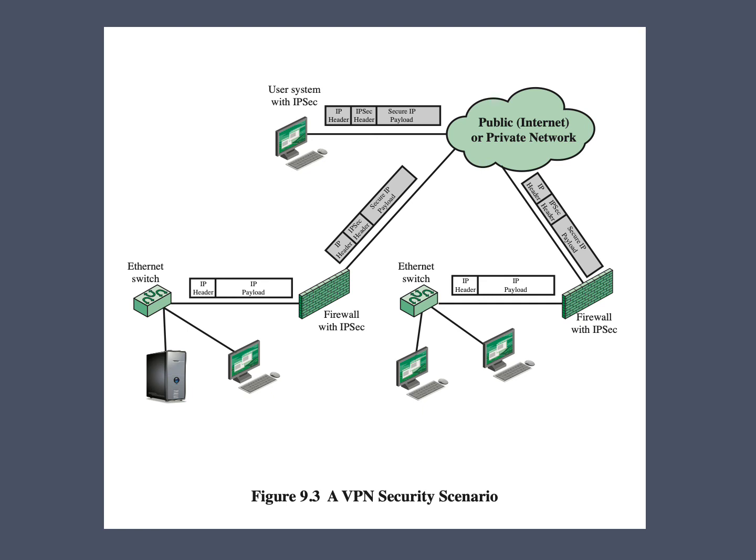There would be a VPN server here that would authenticate me. Once I'm authenticated, I have set up a private tunnel in the public highway. That's what a virtual private network means.